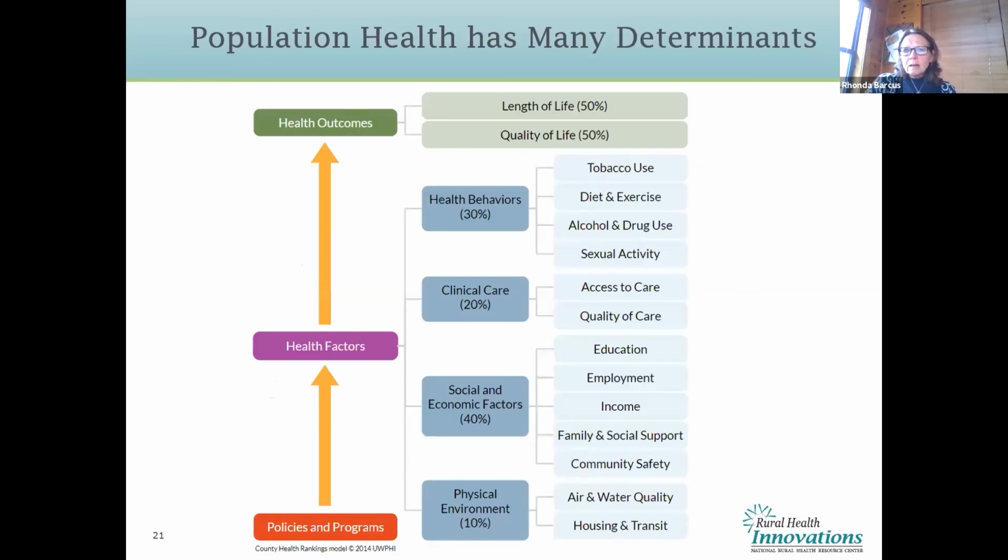This one is just a nice visual that population health has a lot of determinants. It's not just our clinical care. You see, clinical care is 20%, access to care and quality of care included in that, but this is a nice visual to remind leaders and staff that as we're looking at population health, it's not just what we do with somebody while they're under our care, but it's also helping them to realize why we need to be asking them, are you able to afford your medication?